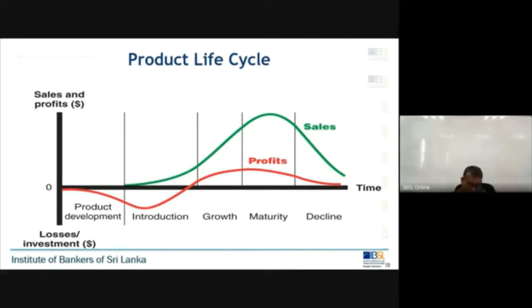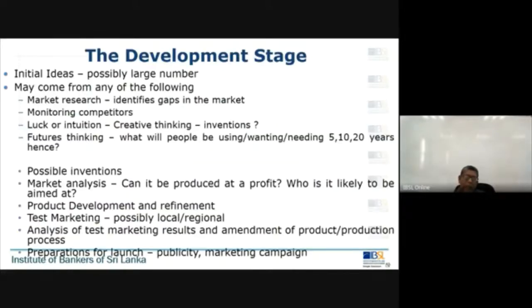Introduced to the market, at the introduction stage sales go up, reach higher sales, and then decline. Based on your sales, the profit curves go parallel. If your sales are not good, your profits are also impacted. So we need to understand the stages of the product life cycle in your product portfolio.